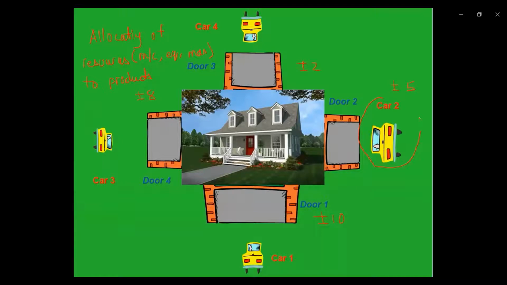Why? Because car 2 is the biggest car and door 1 is the biggest door. So I'm allocating the machine with the highest process variation to produce the product with the biggest tolerance. That perhaps is what I might do first.